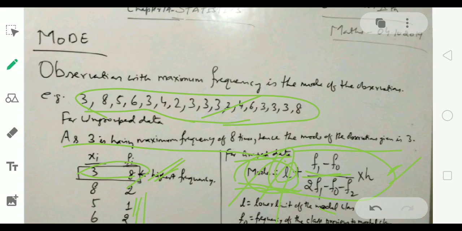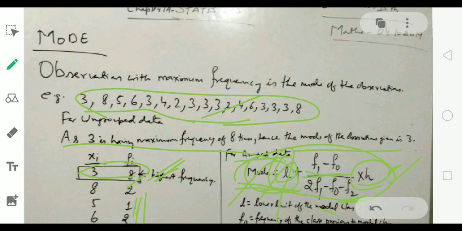And the frequency of the class after the modal class is f2. The frequency of the modal class is f1 only, into h, and h is the class size.